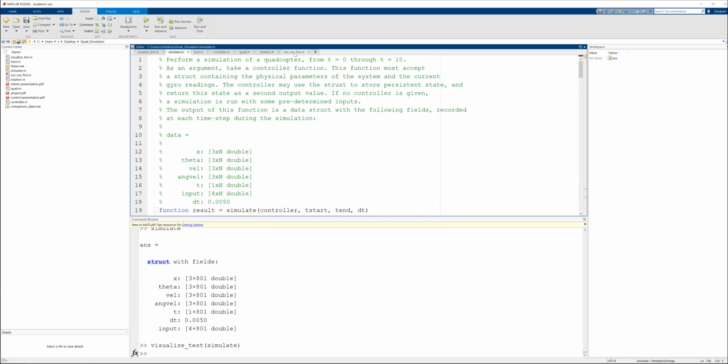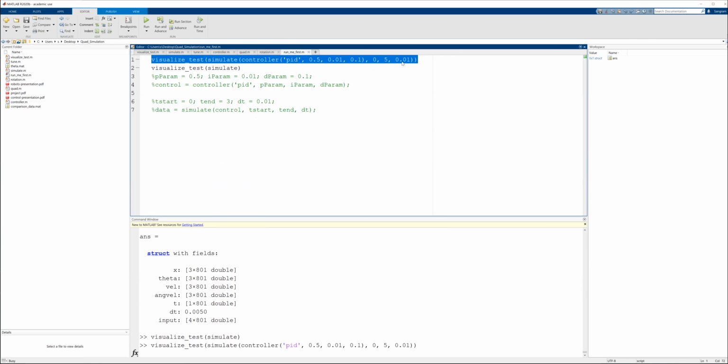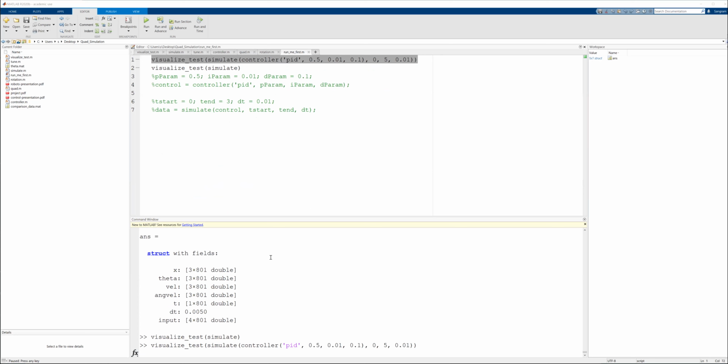Now, to see, just go to visualize test and just highlight this and evaluate the selection. Again, don't forget to press the button, and then you will see if your controller is working for the appropriate disturbances. As you can see, you have a little bit of overshoot coming down and then trying to reach.